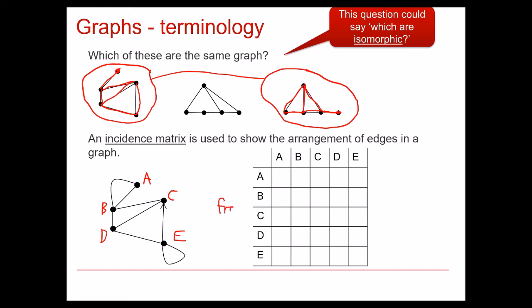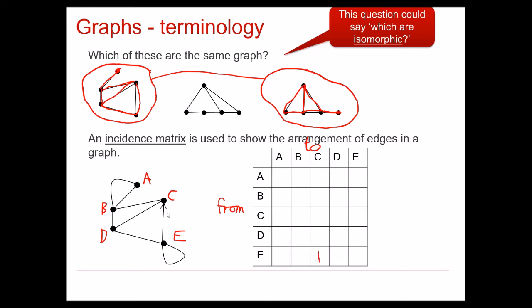So if I label this side as from and this one as to, then for example this directed arc here is going from E to C, so I'm looking at this element here, and because there is one arc that takes us from E to C, I'm going to record the number 1 in there.